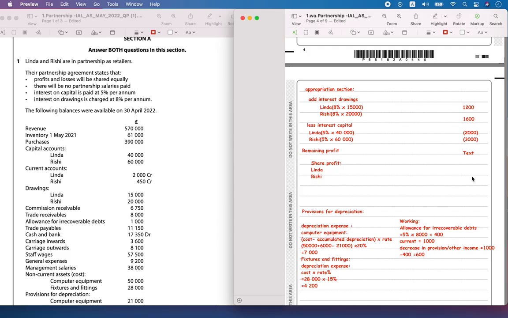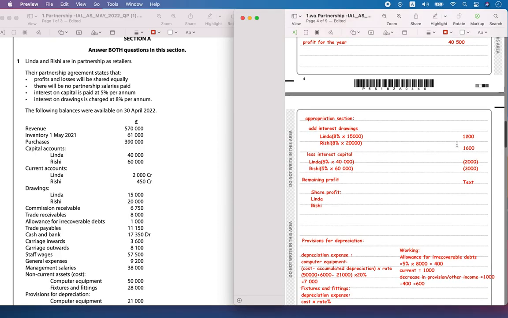The total profit was 40,500, plus 1,200 plus 1,600 minus 2,000 minus 3,000, that is equal to 38,300.